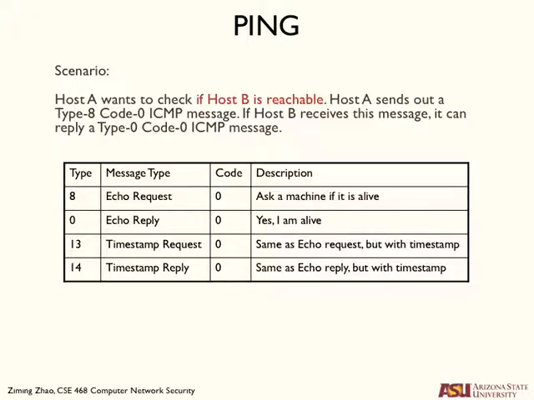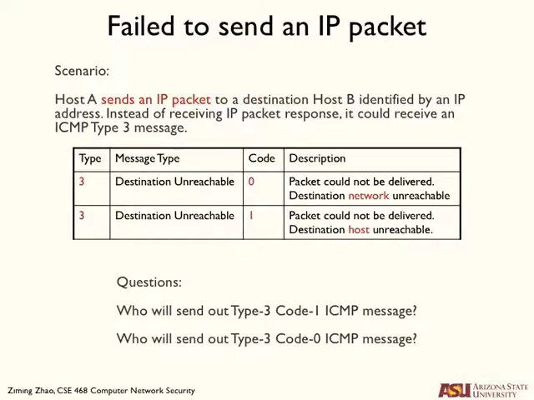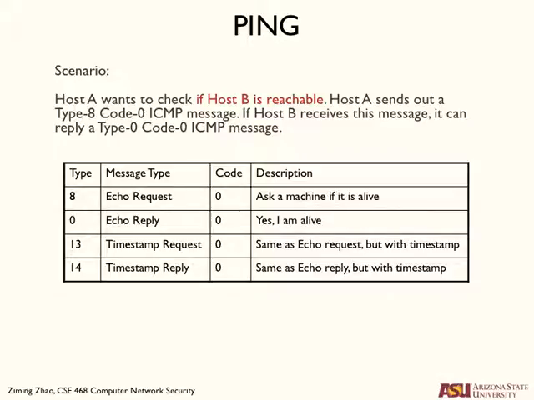So I believe you have been using ping. Ping is a program to check if host B is reachable. Previously, host A was trying to send an IP packet, but we can explicitly send an ICMP packet instead of an IP packet to check if a host is reachable.